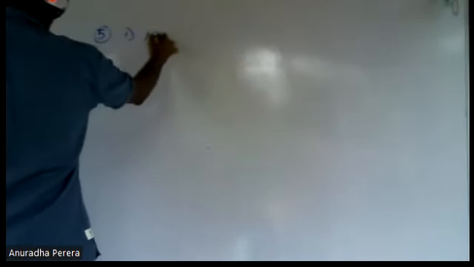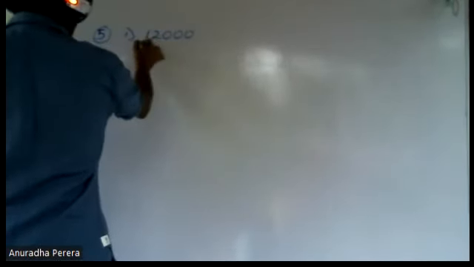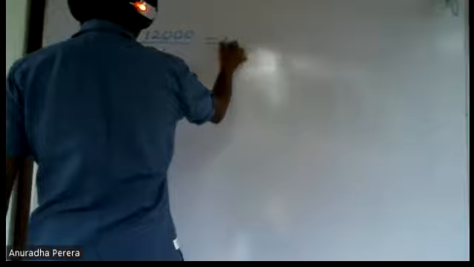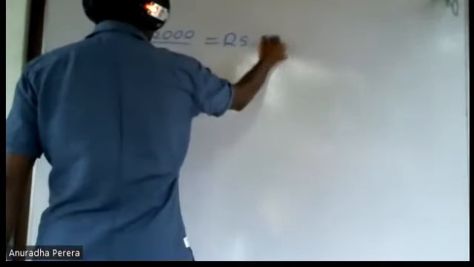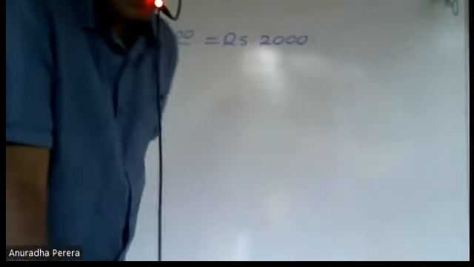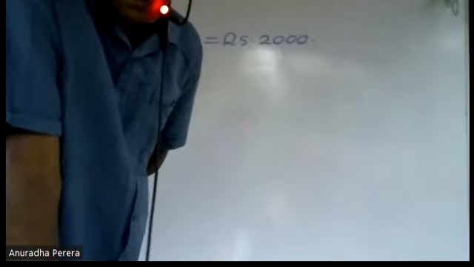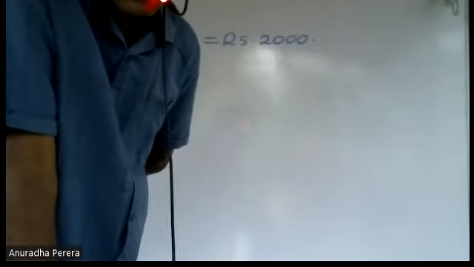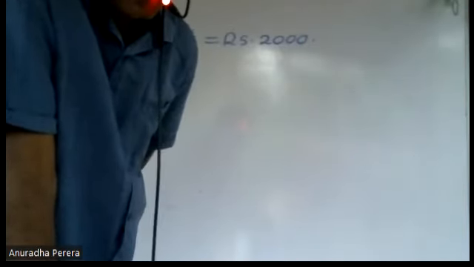12,000 divided by 6, 2,000 rupees. Find the total interest he should pay.